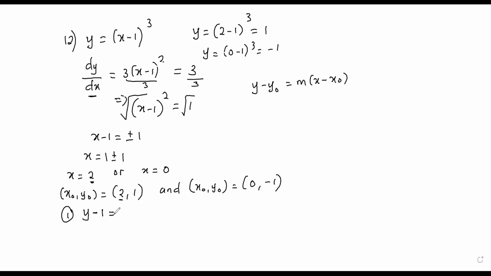Remember, m should be 3 because they should be tangent to this curve and also perpendicular to the line 3y plus x equal to 0, which we resolved to y equal to -1/3 x. So y minus 1 equal to 3(x minus 2), which will be y equal to 3x minus 6 plus 1. So y will be 3x minus 5. That's the first line.